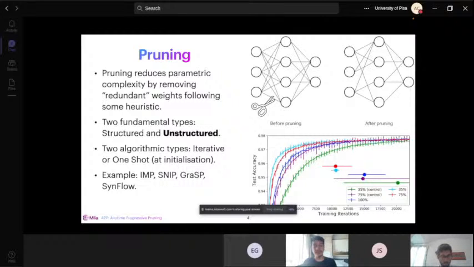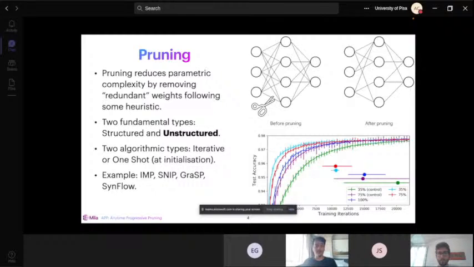Pruning is essentially the method of reducing parametric complexity by removing certain redundant weights, where the definition of redundant can be followed by some heuristic. For example, one of the most popular types of pruning, which is also used in the original lottery ticket hypothesis paper, was iterative magnitude pruning, where they sort the weights based on their magnitude, and they say lower magnitude weights are rather redundant, and hence they remove them.